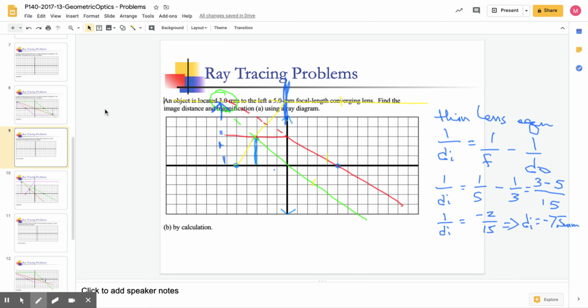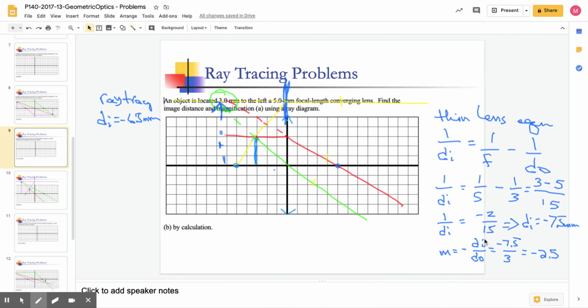So from ray tracing, I get di is equal to negative 6.5. And magnification through calculation: m is equal to negative di over d0, which is equal to negative negative 7.5 over 3.